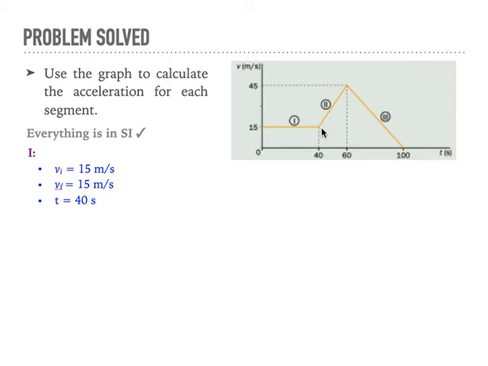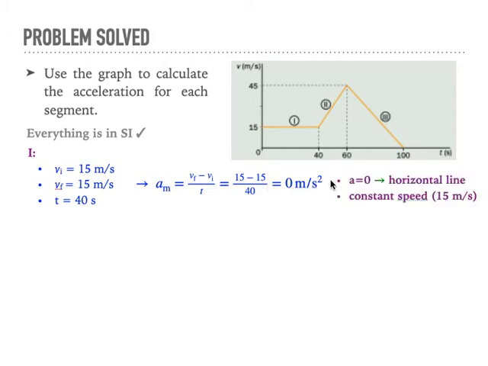It's also 15 meters per second. And the time I have required to go from the initial speed to the final speed is 40 seconds. So I have everything I need. Then I have my formula. I put the data in, so 15 minus 15 over 40, and that is 0 meters per square second.